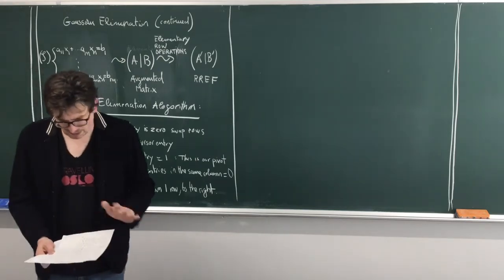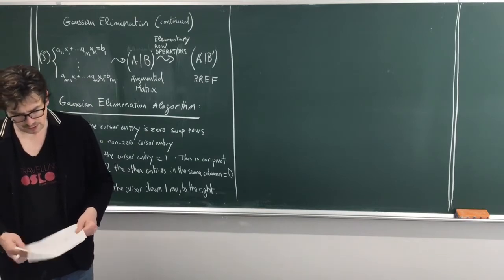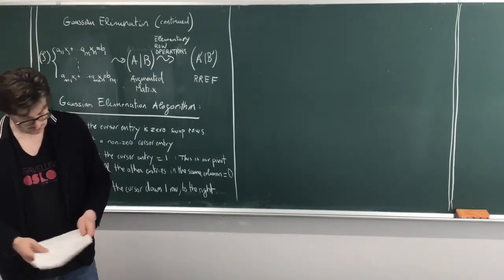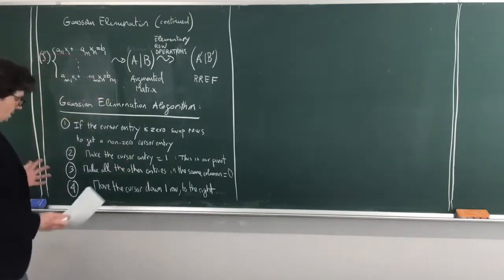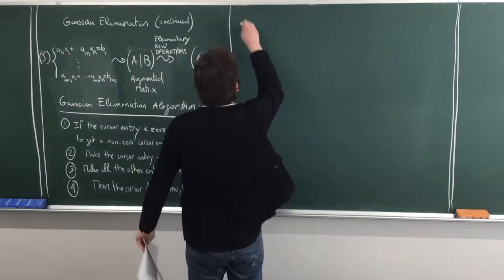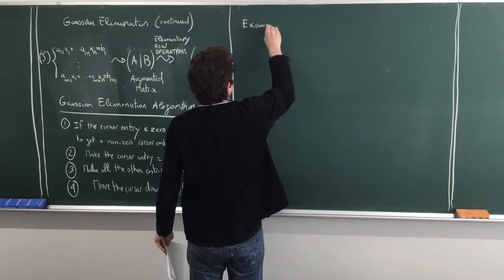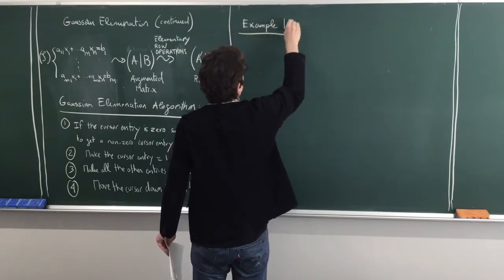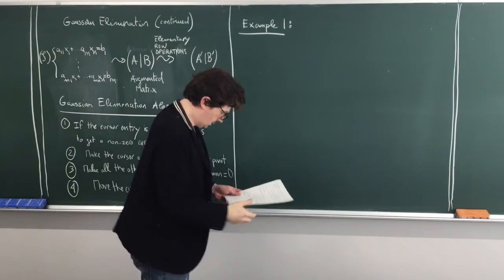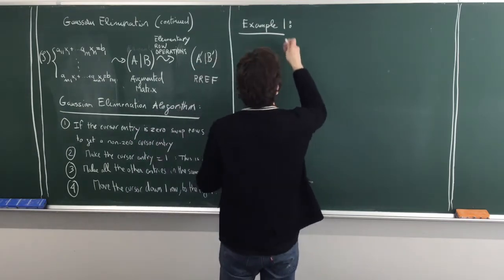However, I think the best way to understand this algorithm is just to practice with some concrete exercise. So let's practice this with our first example. Now I'm going to start with a system.